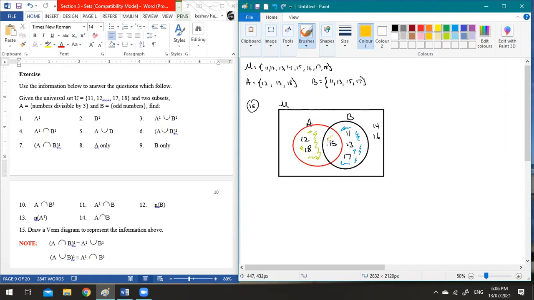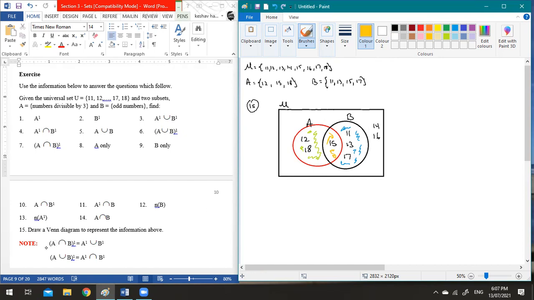The orange in the middle here is the intersection between A and B. Everything shaded so far would be A union B, right? And on the outside would be A union B prime. Everything that's outside A and B, right?